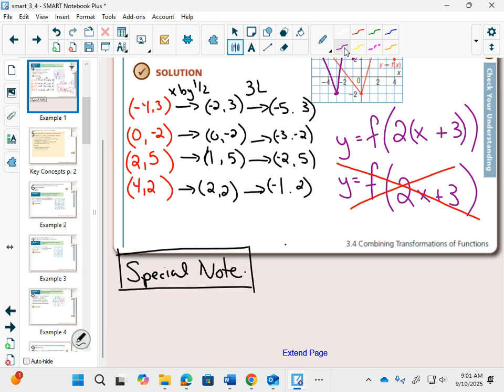The bottom of the page here, we're going to write a special note to remind us. And this only happens with horizontal.